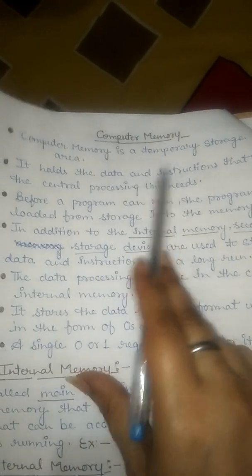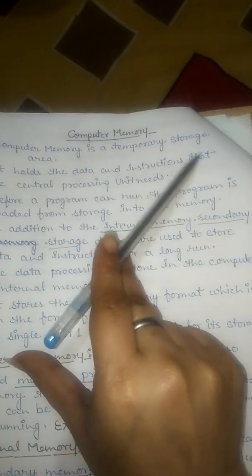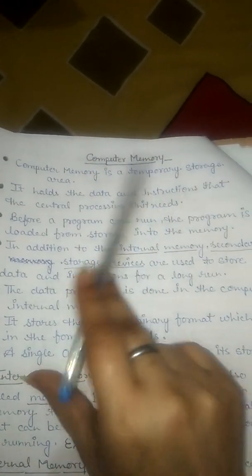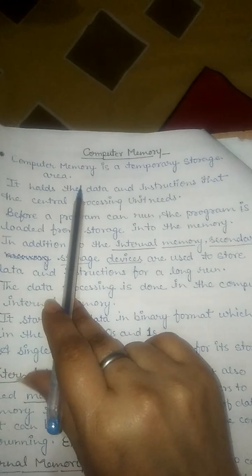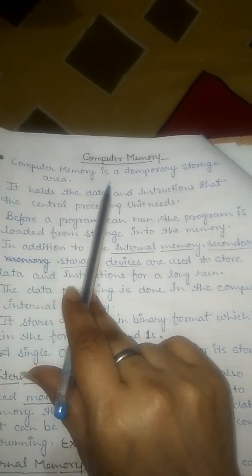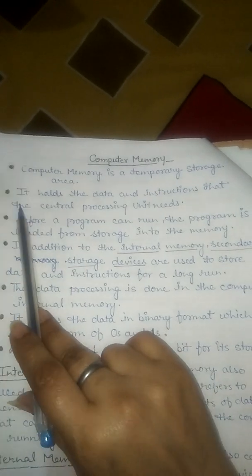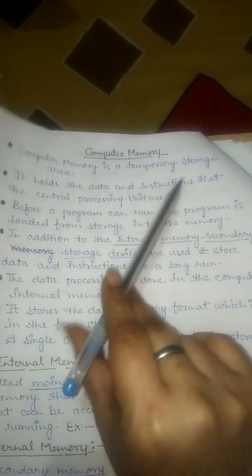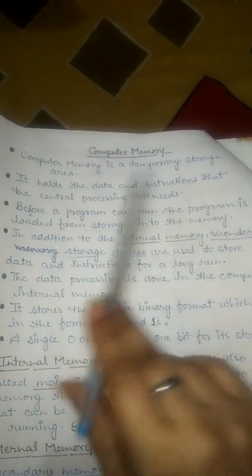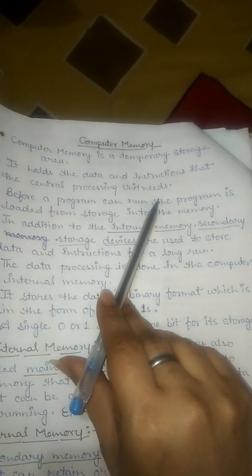Next point is computer memory. Computer memory is a temporary storage area. It holds the data and instructions that the central processing unit needs.